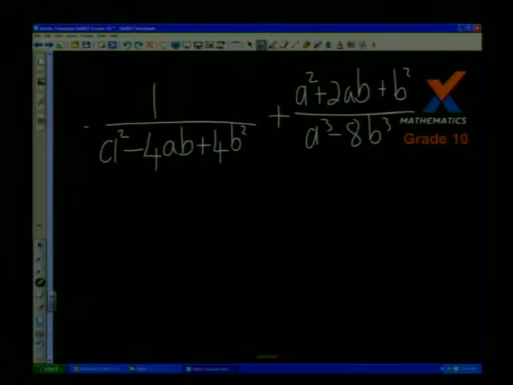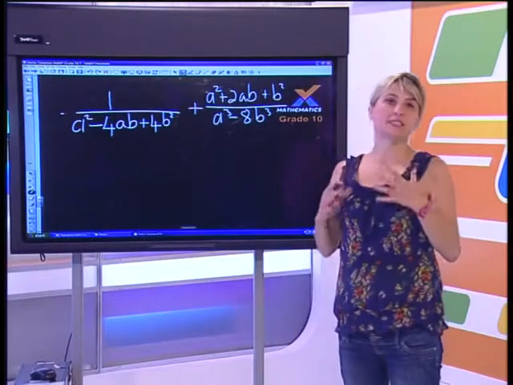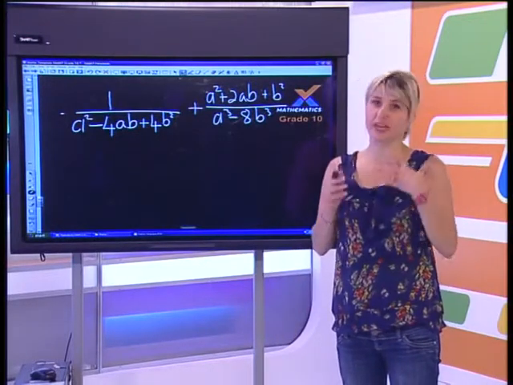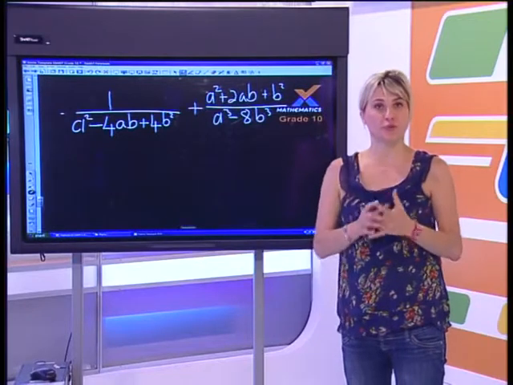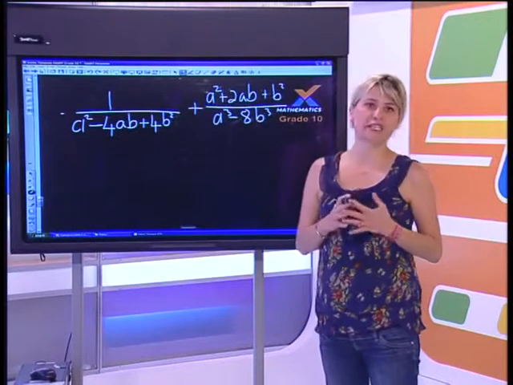Right. Now, guys, what I said to you just now is before we get our LCD, we need to factorize. That is really very important because you can simplify the question quite significantly by just doing a bit of factorizing.